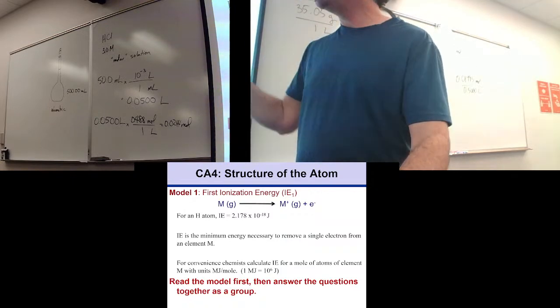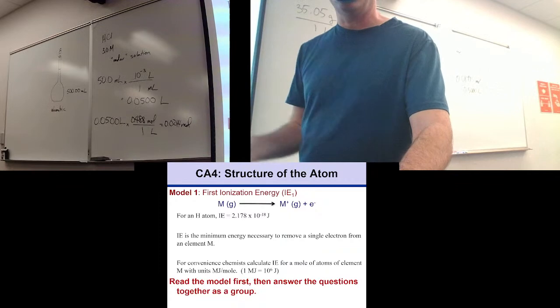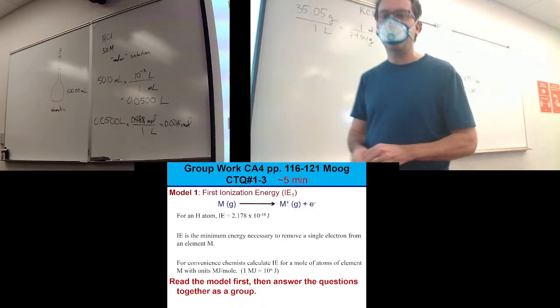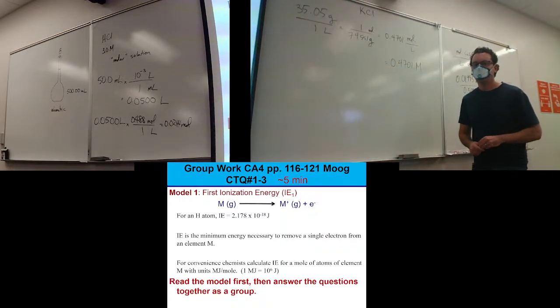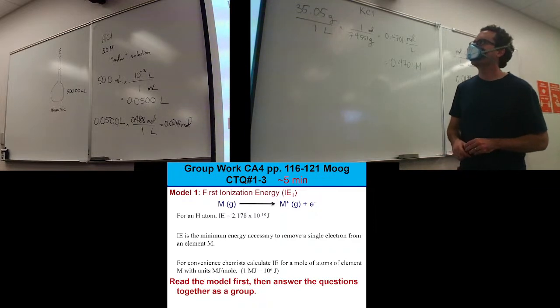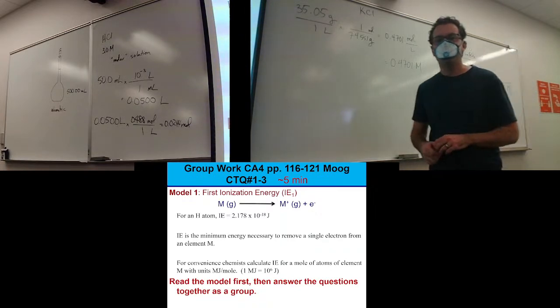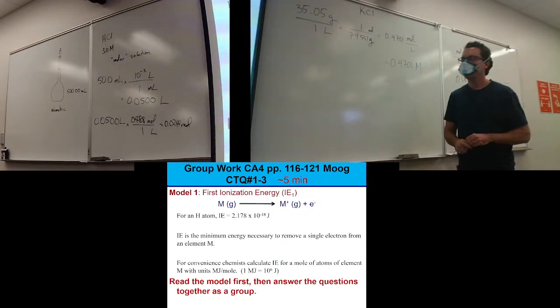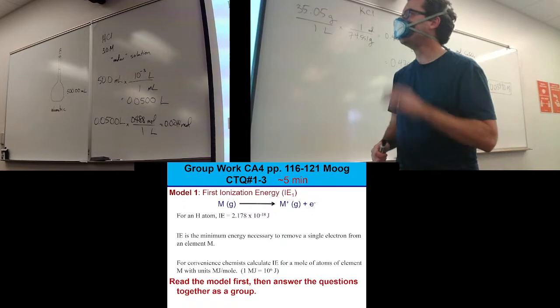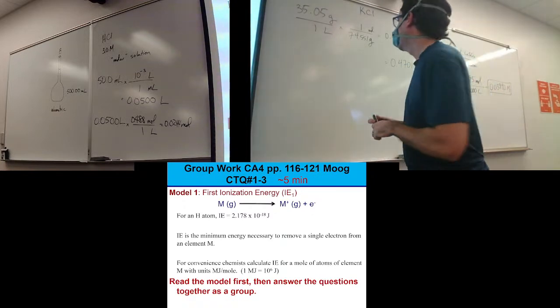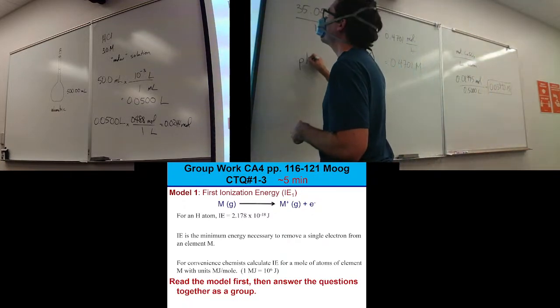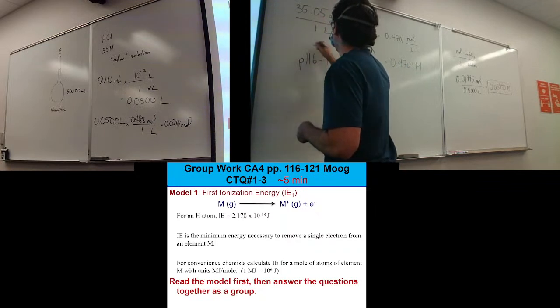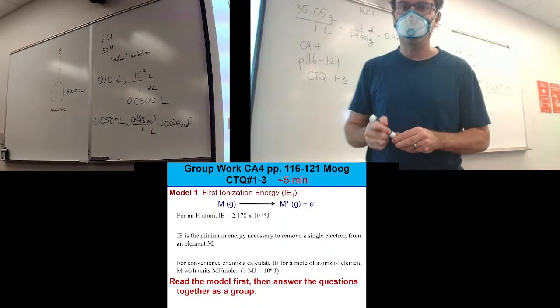So before we get to the actual ionization energies of all the other atoms, we're going to start with questions 1 through 3 on page 116, which is the beginning of Chem Activity 4, just to orient ourselves to what these new units mean and how we come by them. Board 16. So just do 1 through 3 for now. 5 minutes.